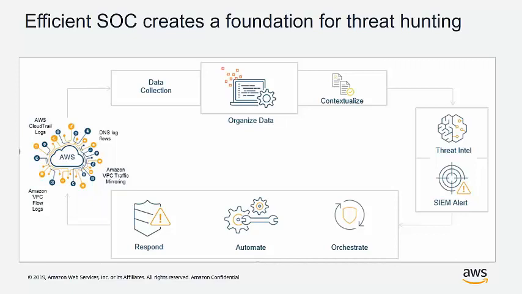Some of the services in AWS that help us with that are AWS Security Hub and CloudWatch, as we talked about. Some other options: you can actually combine threat intel with this contextualized data and feed it into a SIEM like Sean was talking about, and that's going to help us maybe discover some new threats or any threats we're looking for.